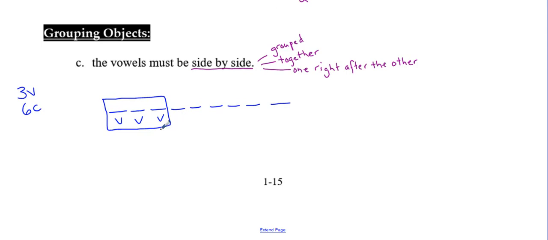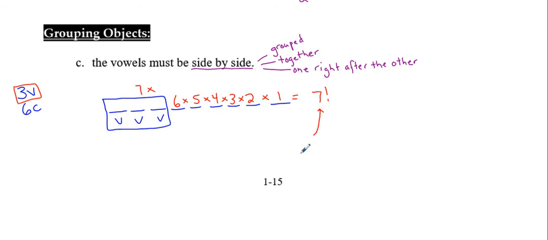So that means instead of 9 letters being arranged, we've got 1, 2, 3, 4, 5, 6, 7 objects to be arranged. And those 7 objects can be arranged in 7 factorial ways.